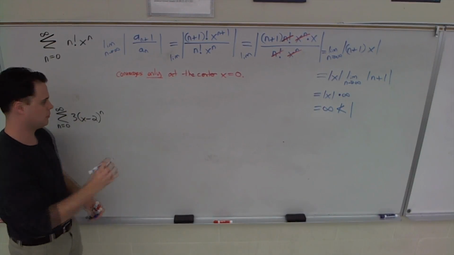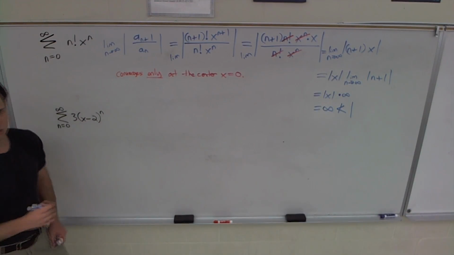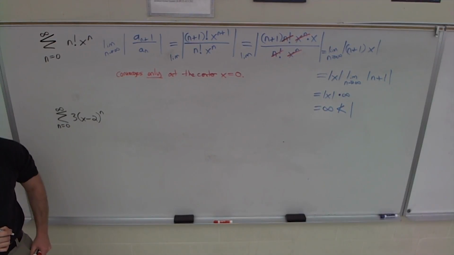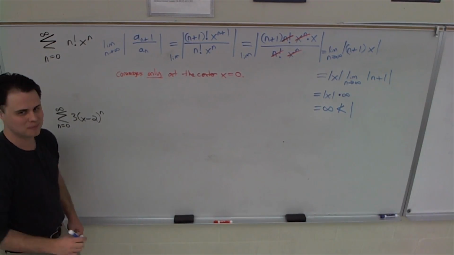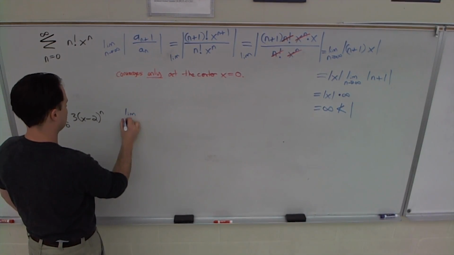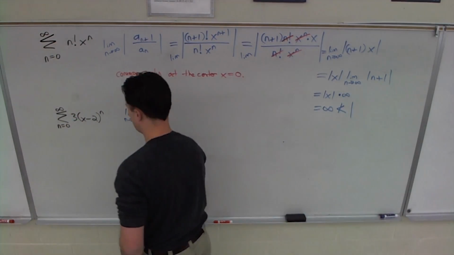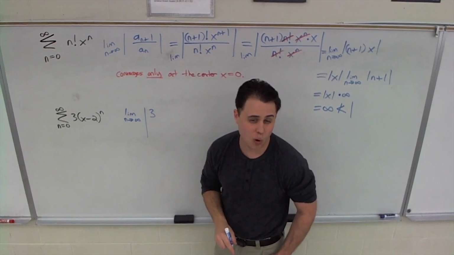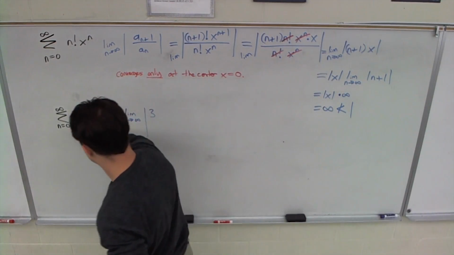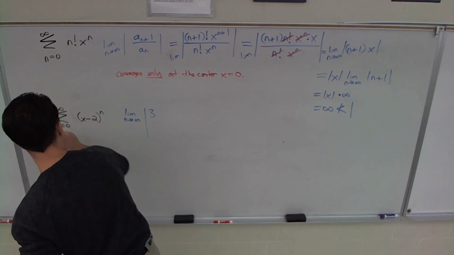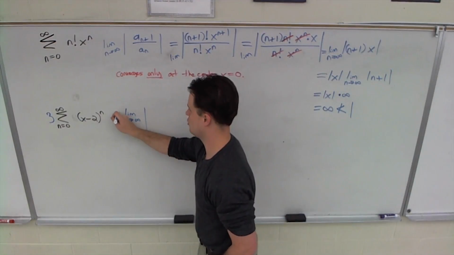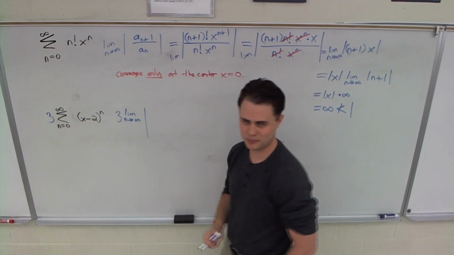So this power series, should we just do it the same way? Just go for the ratio test? I think that's what you want to do most of the time. Oh, and by the way, you can keep this 3 in, or you could put it right there and avoid it until the very end, right?